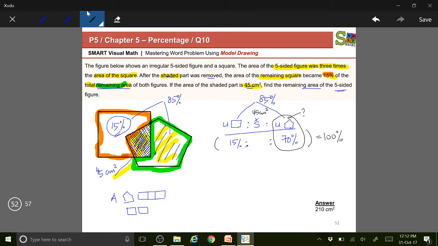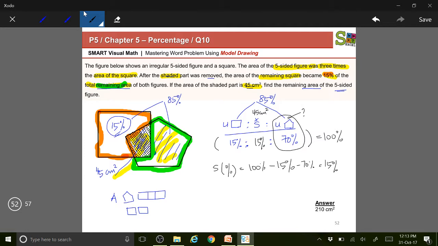So therefore the shaded area, in terms of percentage, we can take 100% minus 15%, we minus 70%, sorry. That will give us 15%. So this is 15%. We need not reduce this, this is fine.